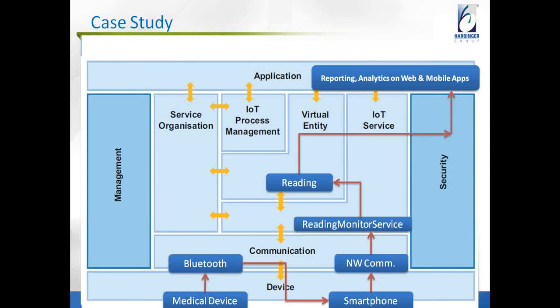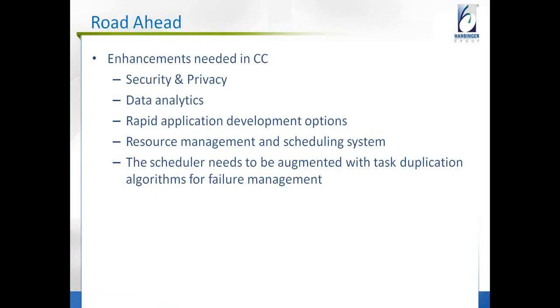In the overall architecture or functional model, there is a remote monitoring service, which is very similar to an enterprise application, and then the virtual entity being the reading or the data that is uploaded, which is then utilized by the reporting and analytics of both the web application as well as the mobile applications that are in place.